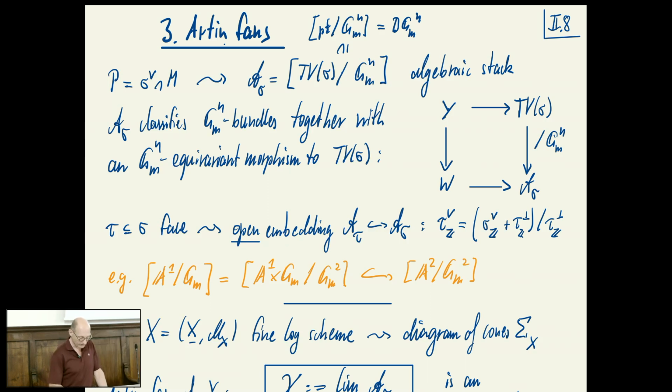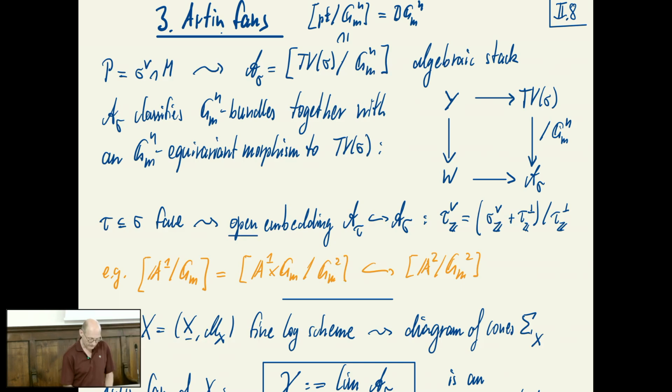Okay, so how does this go? The next thing you have to understand is, I said the BG_m's are glued together, as follows: if you have a face tau of sigma, then you actually get an open embedding. This just comes because of a technical fact.